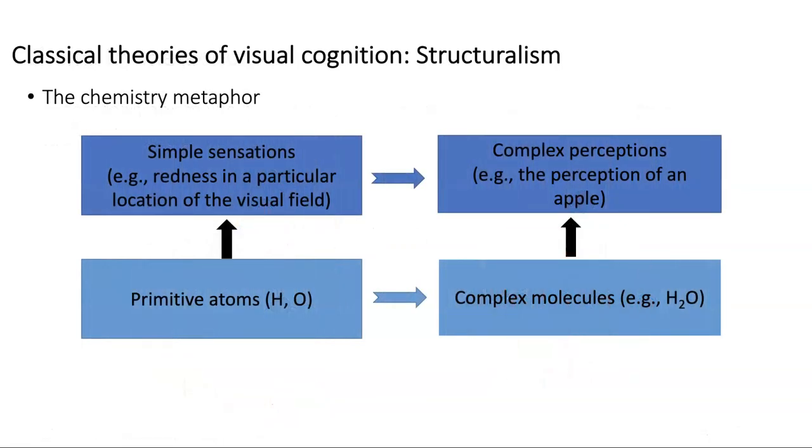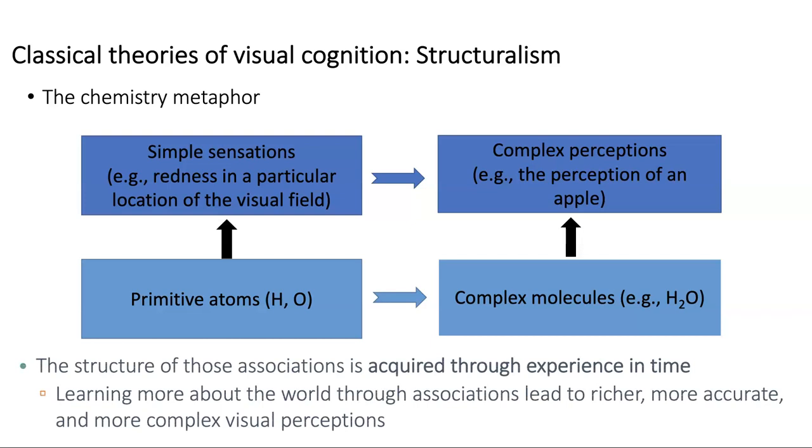So this was the idea. This is similar to the formation of water out of its primitives like hydrogen and oxygen. And this was the chemistry metaphor at that time.